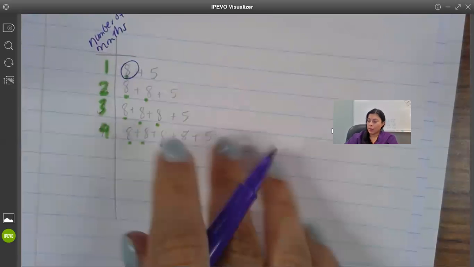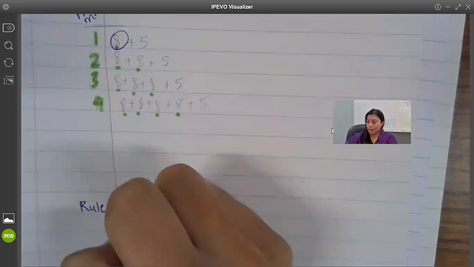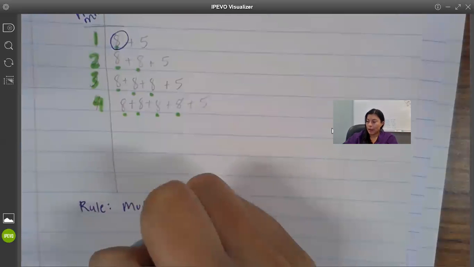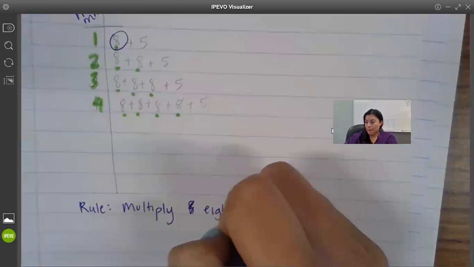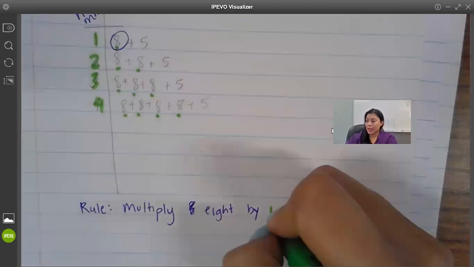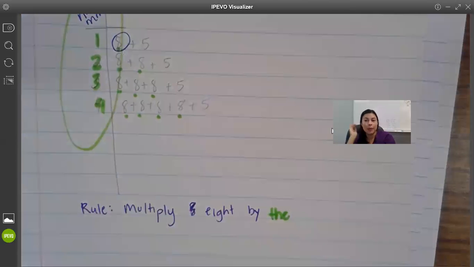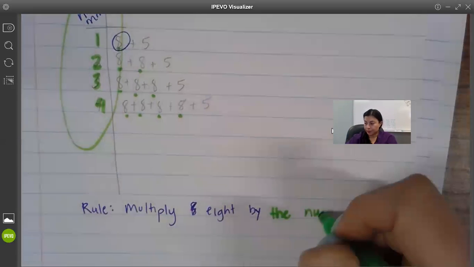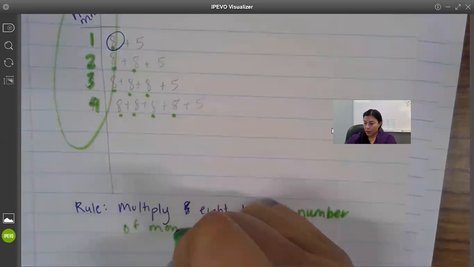So what I'm going to write as my rule is multiply 8 by the number of months, because that's something I'm always going to have. If they ask me for 120 months, then I'm going to have the number of months. That's why I want to do it this way. I'm going to multiply 8 times the number of months.